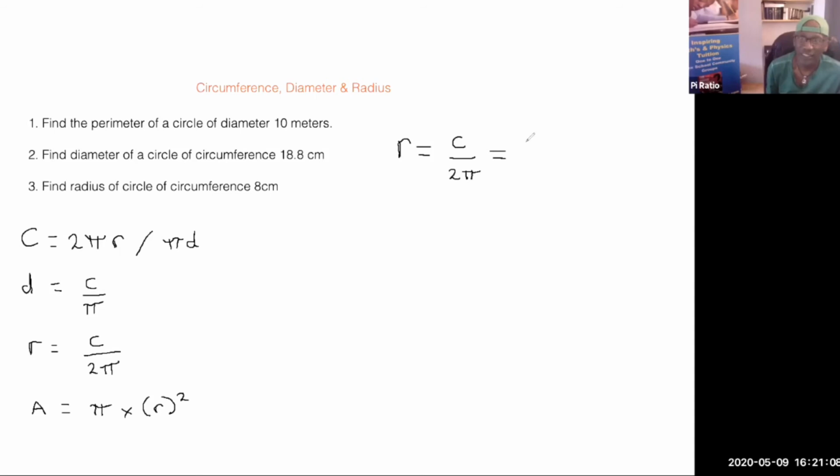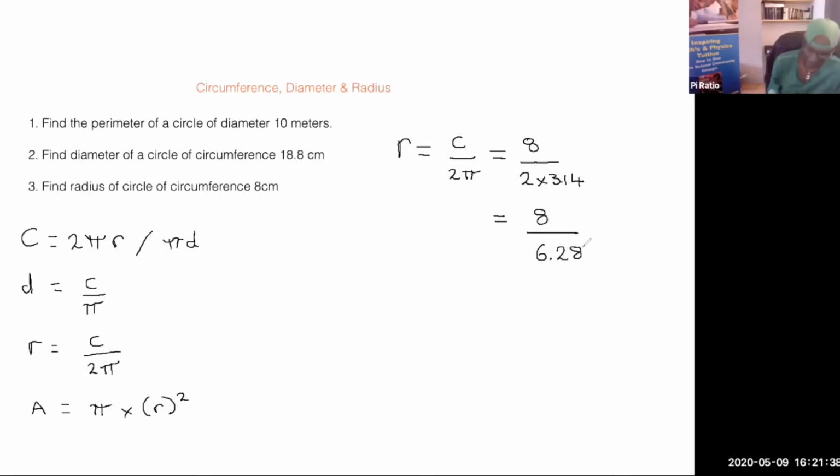So circumference is 8. Two times 3.14. That will give me 8 over 6.28.